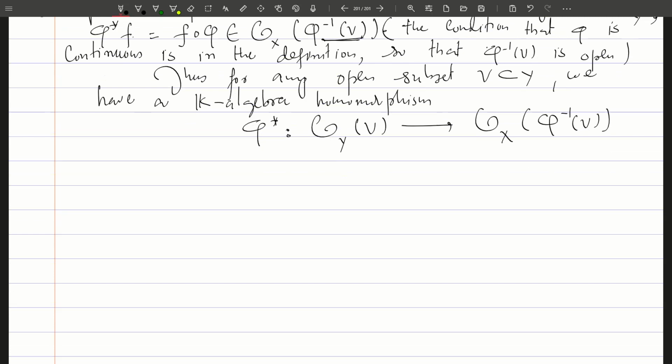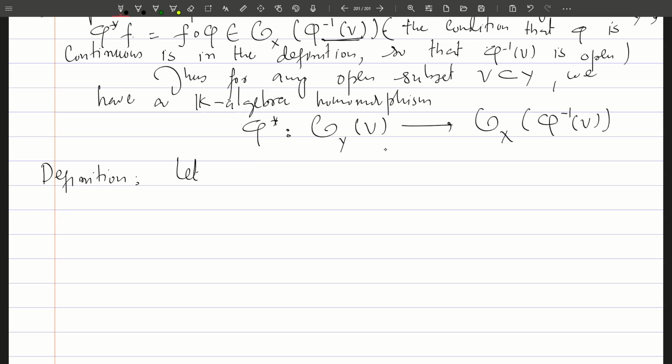We have one more definition here. We call a morphism an isomorphism if it is bijective, and if its inverse is a morphism as well.